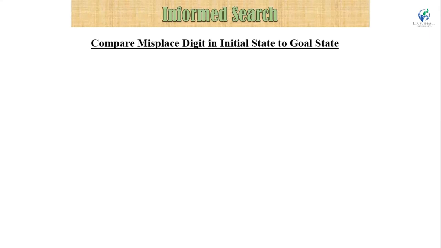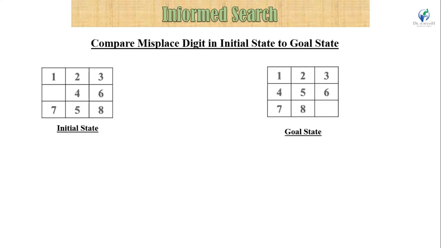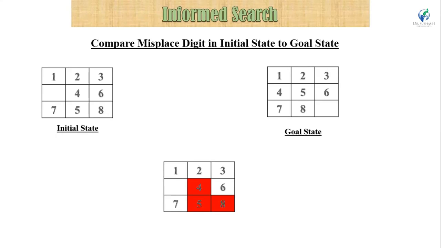In this problem, we compare the initial state to the goal state and find the misplaced digits. The number of misplaced digits is called the heuristic value. So this initial state has 3 misplaced digits, and those digits are 4, 5, 8. So its heuristic value is 3.